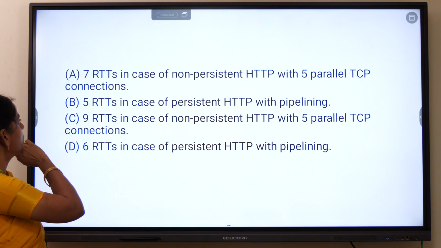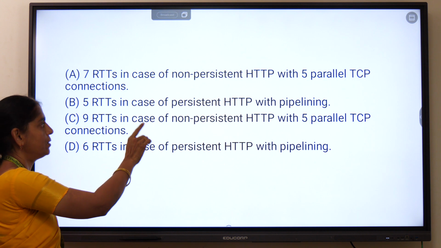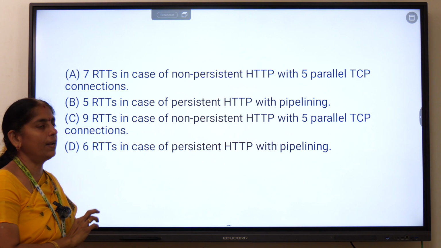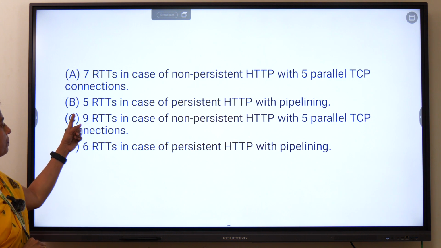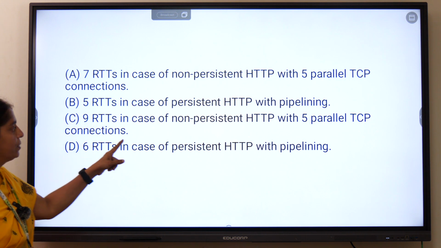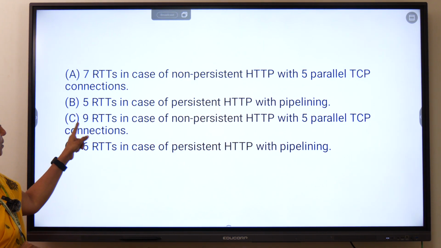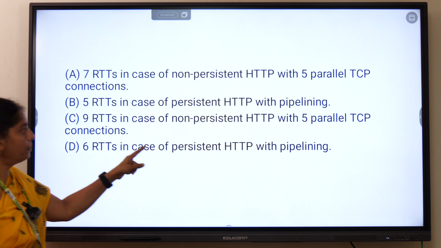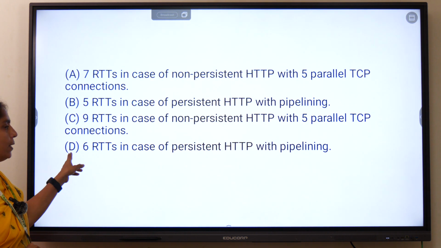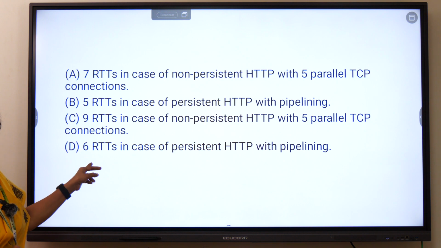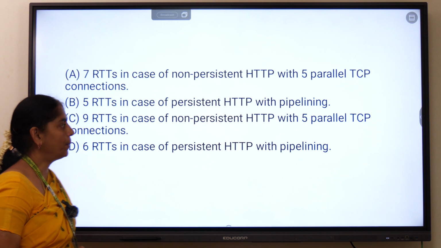First option is 7 RTTs in case of non-persistent HTTP with 5 parallel TCP connections. Second option is 5 RTTs in case of persistent HTTP with pipelining. Third option is 9 RTTs in case of non-persistent HTTP with 5 parallel TCP connections. And the fourth option is 6 RTTs in case of persistent HTTP with pipelining.